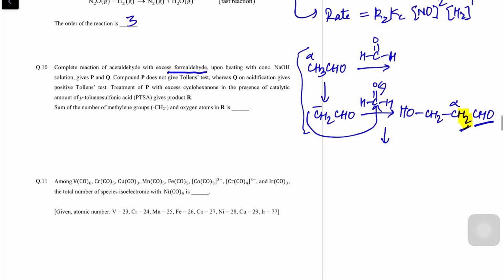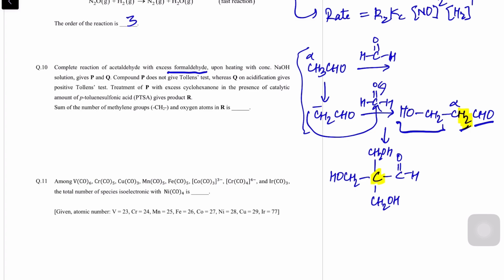So what we will get is this: CH2OH, CH2OH, and CH2OH. There was one CH2OH before, and 2 CH2OH groups will be introduced by the reaction of 2 equivalents of formaldehyde. Now you can observe there is no alpha hydrogen here.